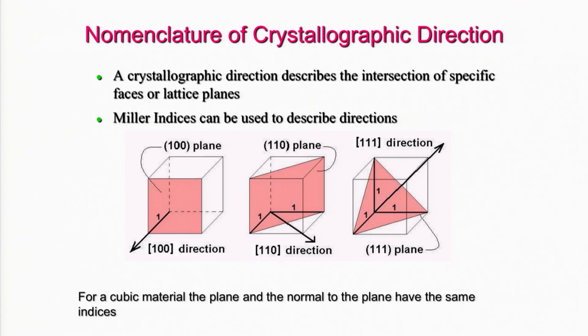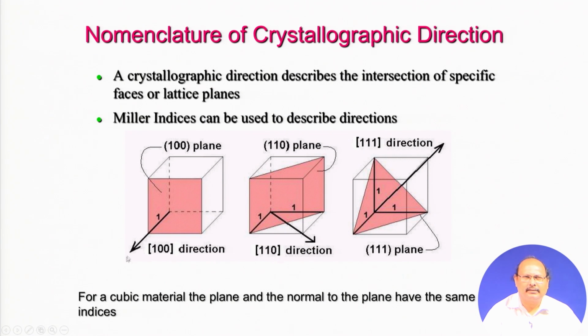So, let us see in some detail here. Let us consider this particular plane here. We remember that we call this plane 1 0 0, and in this particular case, this direction has only intersected this plane here, and along this point the b coordinate is 0, c coordinate is 0.